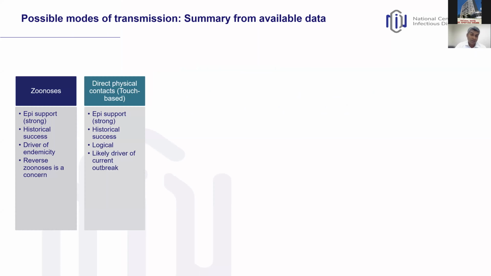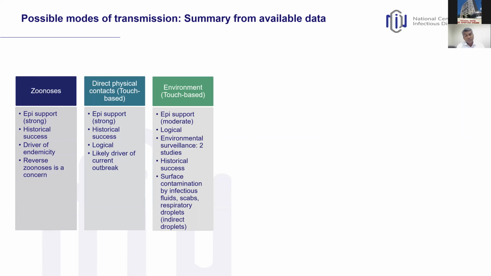Direct physical contact, or touch-based transmission, is also not contested, and it has very strong epi support, especially during the current outbreak. There's historical success, as preventive measures that prevent direct contact seem to work. It's logical because of the way the disease presents, and it's likely the driver of the current outbreak.